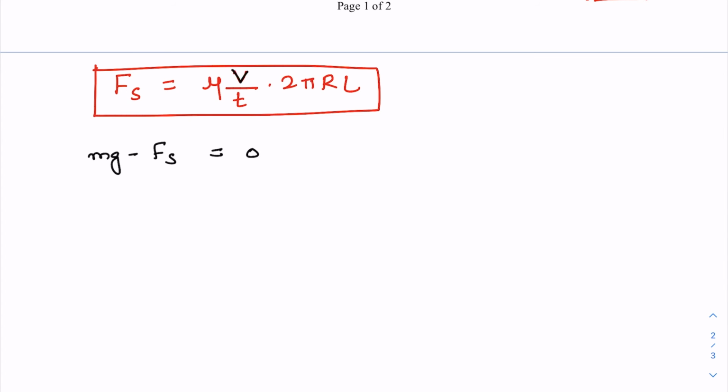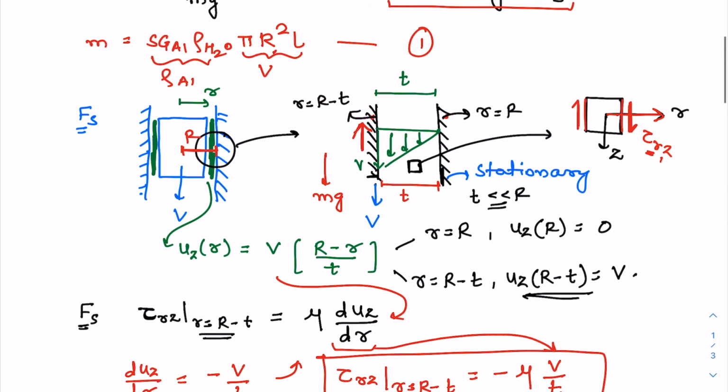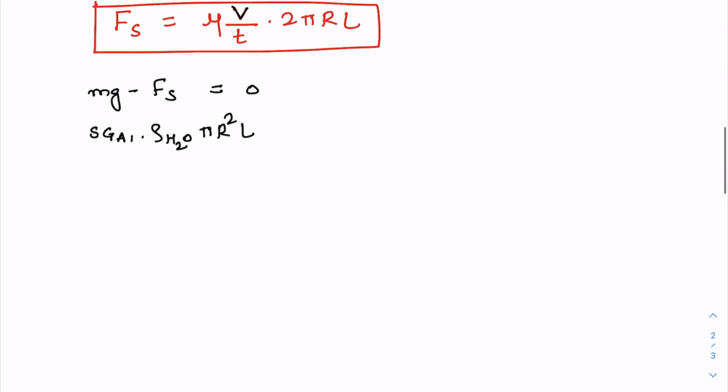So basically, substituting for mg minus Fs, we can find out the unknown V. So mg is the specific gravity of aluminum times density of water times the volume of the piston, which is pi r square L, times g, minus mu V by t into 2 pi r L is 0.